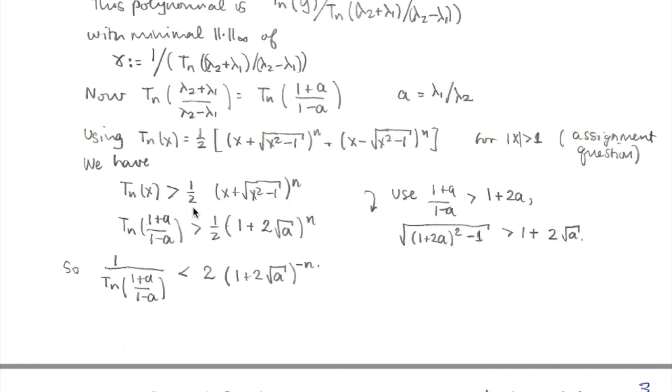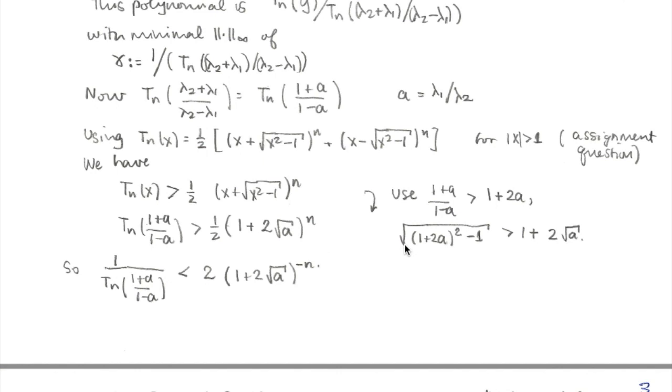If I just throw away this term, it's bigger than that. So now I'm going to go through a whole sequence of approximations, but keeping the inequality going the right way. In all of these things, I'm putting in 1 plus a over 1 minus a, but that's bigger than 1 plus 2a, right?